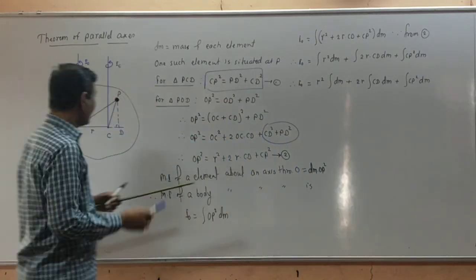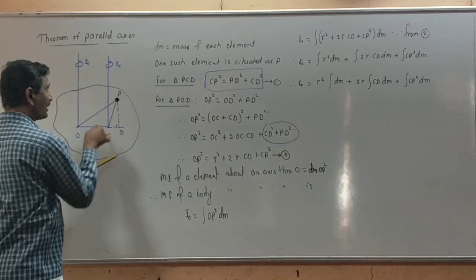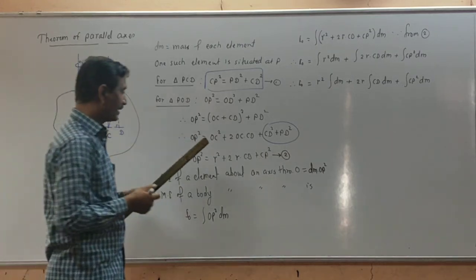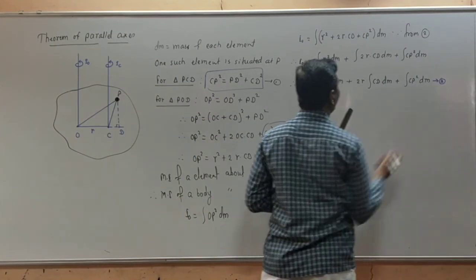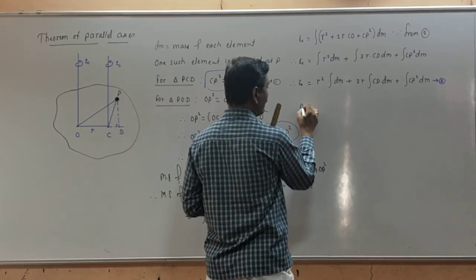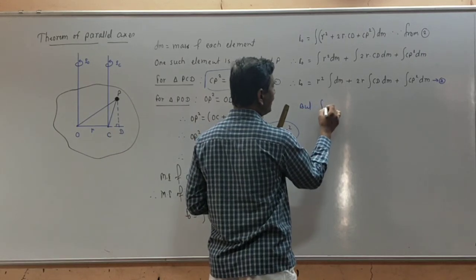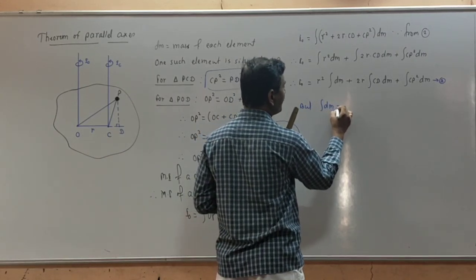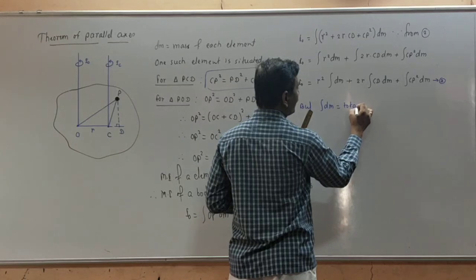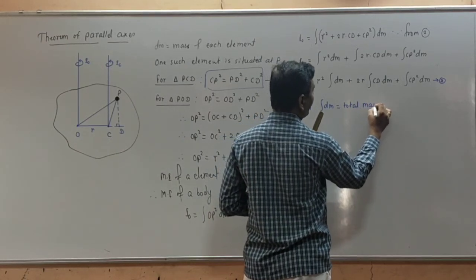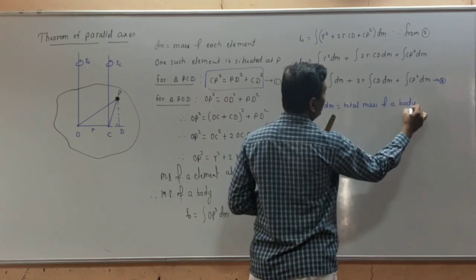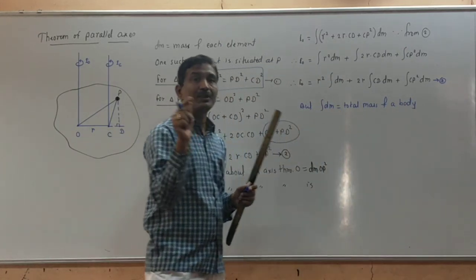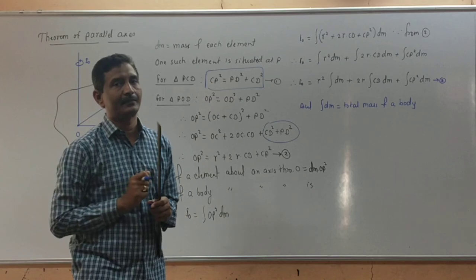Now we consider the moment of inertia of this element about an axis passing through C. This is equation number 3. So here integration of dm means total mass of a body. Why? The integration of dm means sum of the masses of all the elements.